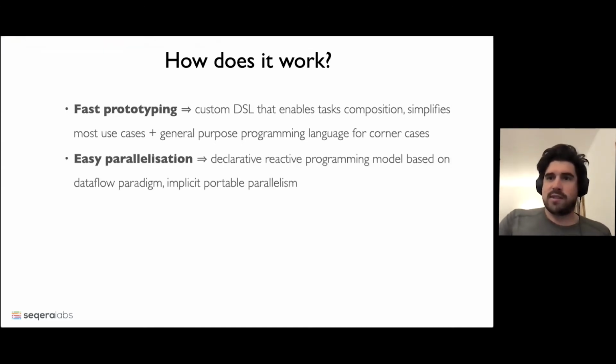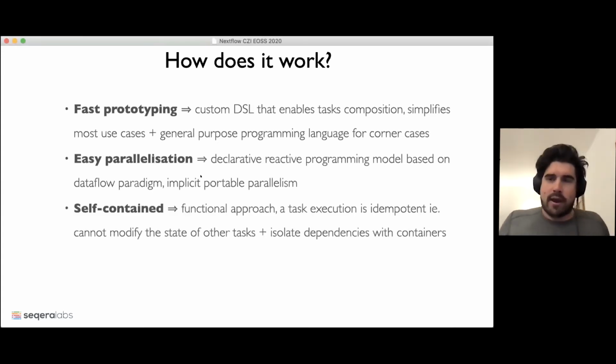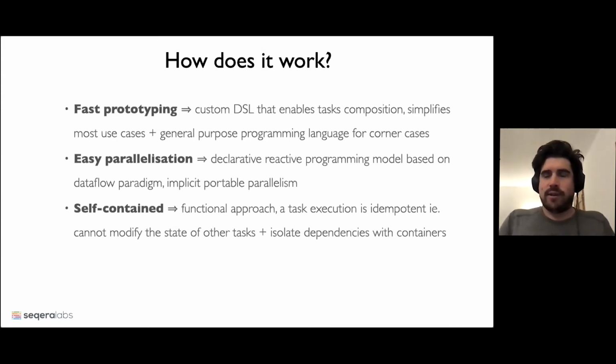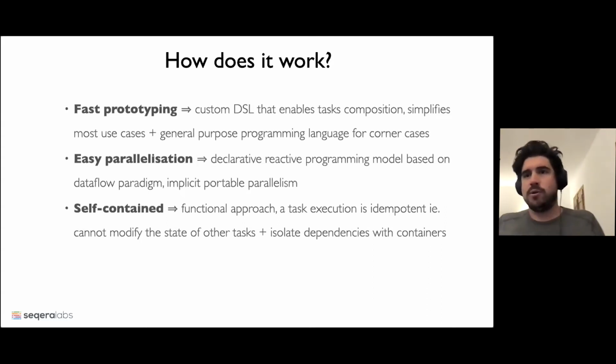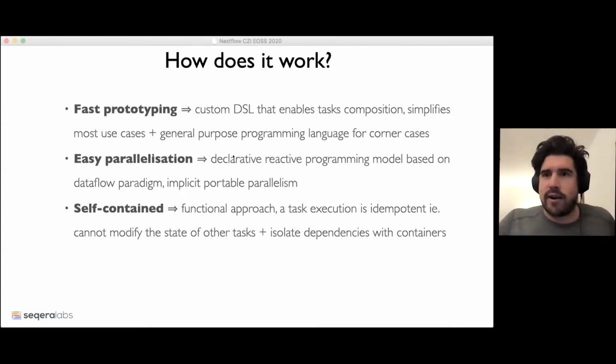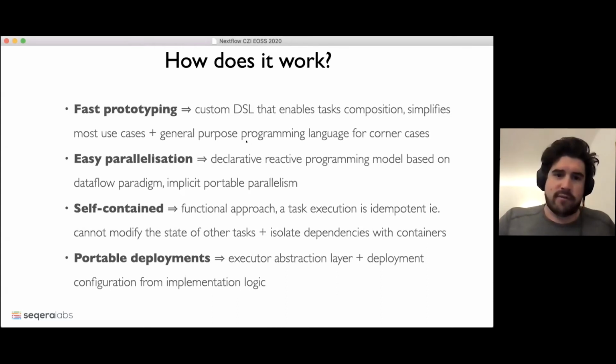Nextflow uses this data flow programming model, as I said before. As well as that, we had an idea very early on that each task should be self-contained, so it lives in its own working directory. And this very much led to the idea, and enabled the idea, that we could have containerized tasks. Essentially, each task is independent of itself and then can be run on different infrastructure, so that you can even have hybrid workflows, with each of the individual tasks running across these different infrastructures.